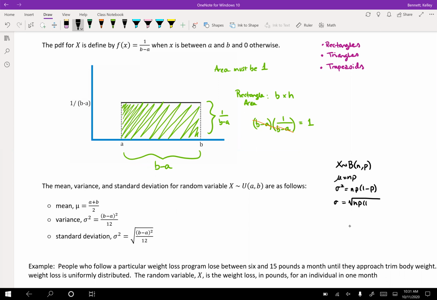So the only numbers that we needed to compute our mean, variance, and standard deviation, that's what's listed here. Notice that when we're looking at the uniform, in order to compute the mean, variance, and standard deviation, all I need are A and B. Well, guess what? That's what's listed here. So it should feel like we're listing the least amount of information needed to compute our measures of spread and center.